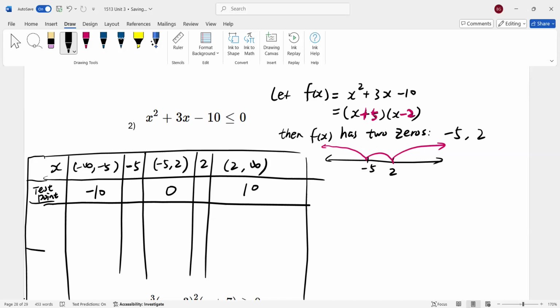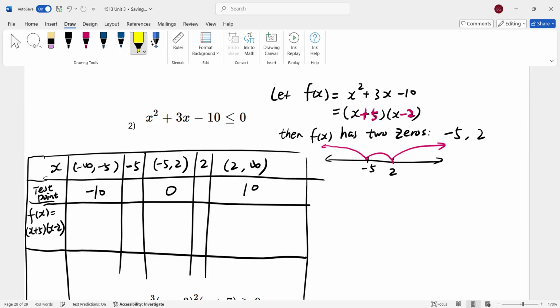Next row is going to be the function f of x in the factored form. In the factored form, x plus 5 times, this is too narrow, equals x plus 5 times x minus 2.